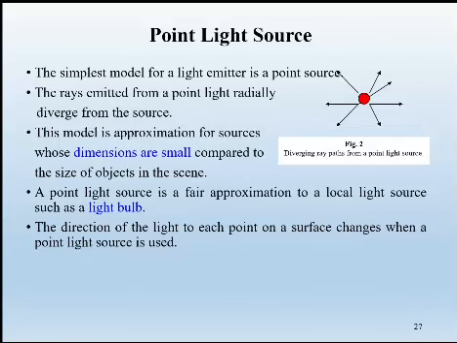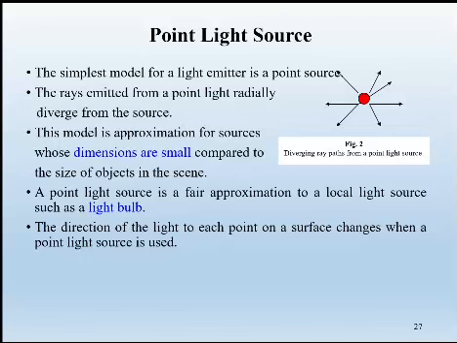Point light source. The simplest model for a light emitter is a point source. The rays emitted from a point light diverge from the source. In this diagram, the red point generates the light, and the rays emitted from this point are diverged from the source.